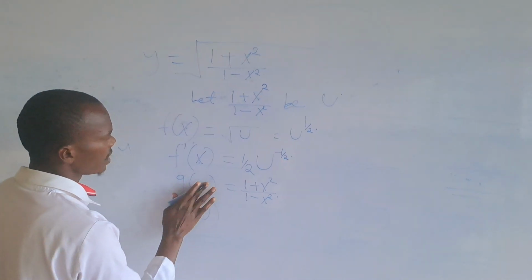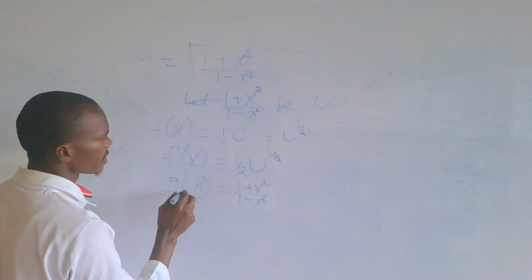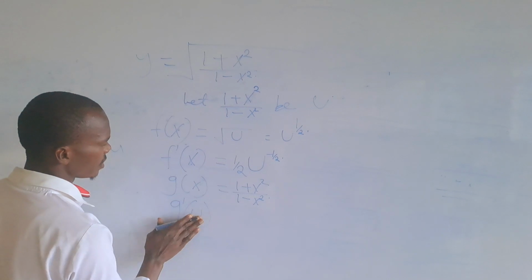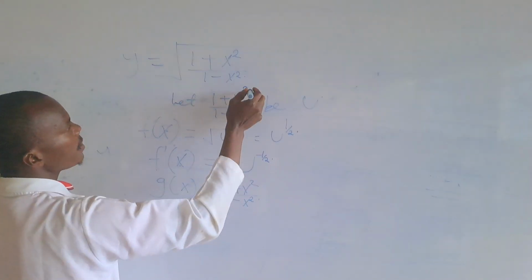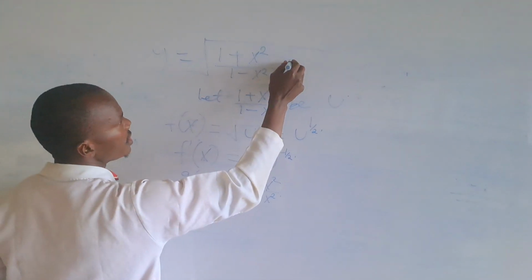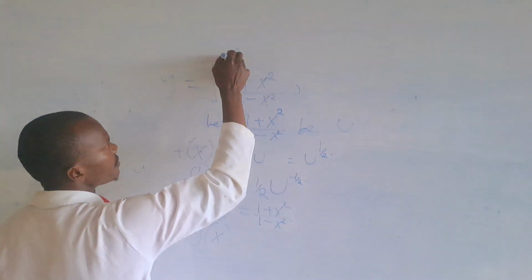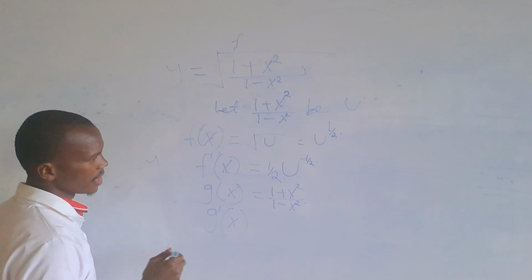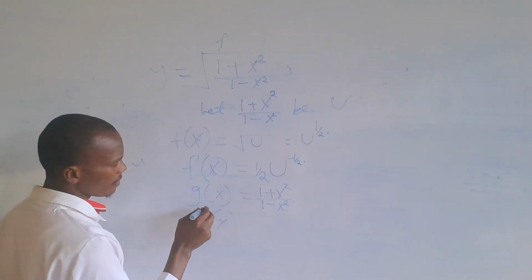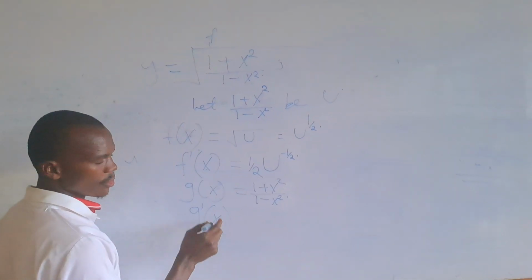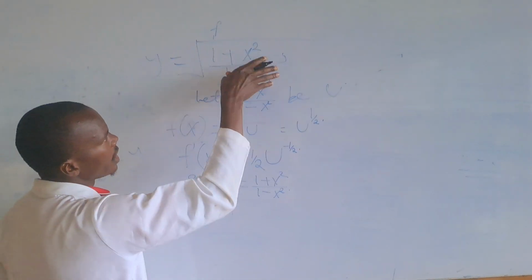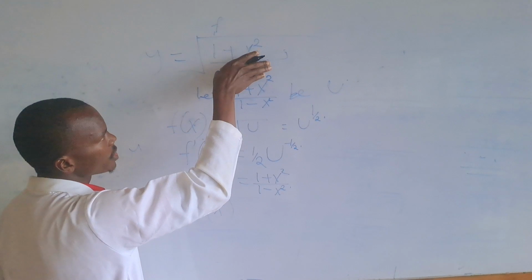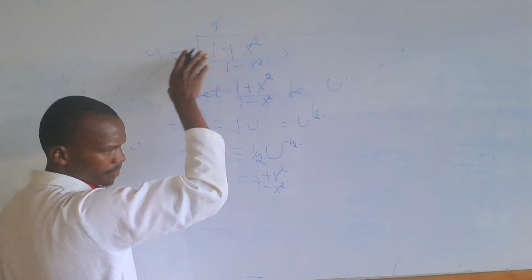Now let's come and get g prime, the derivative of g of u. Let me say this is x, this is also x. So this side, the one without the root is g, and the root is f. So understand it that way. So g prime of x, the derivative of g. In this case, I've said the one without the square root is g.